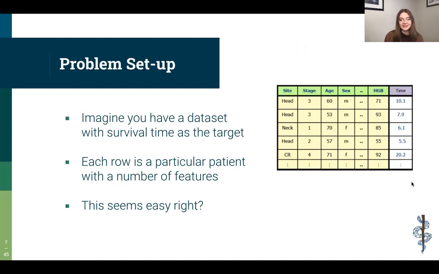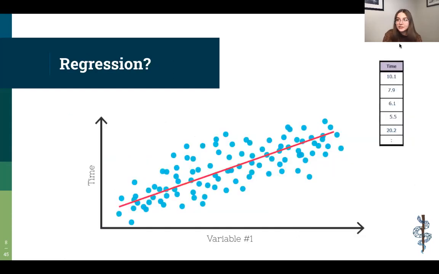Each row in this data set is a particular patient with a number of features. So if you are at all familiar with machine learning, this seems like it would be a pretty easy problem. You could probably just lean on a very common technique such as linear regression, right? So let's say you do that.